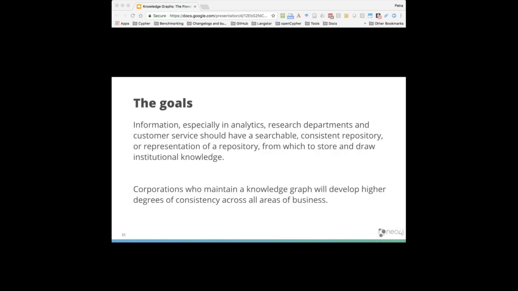Essentially the idea is that provided we have a searchable, consistent and detailed intelligent repository, this will serve corporations doing this, and such corporations will always be one step ahead of the competition.